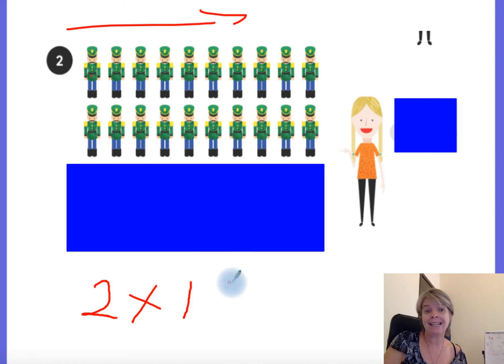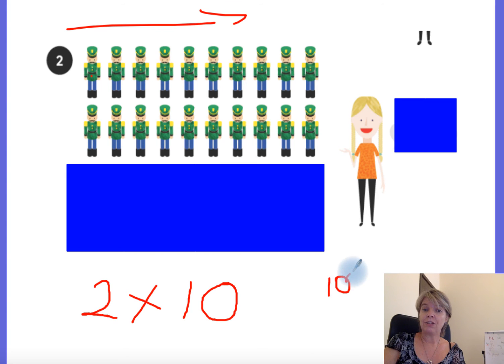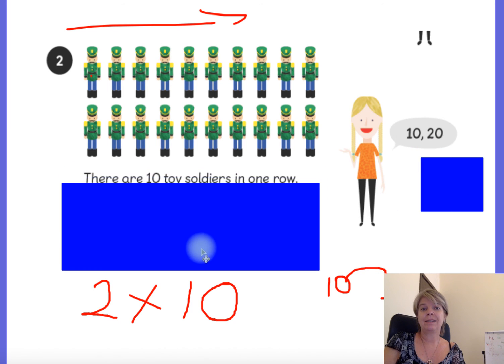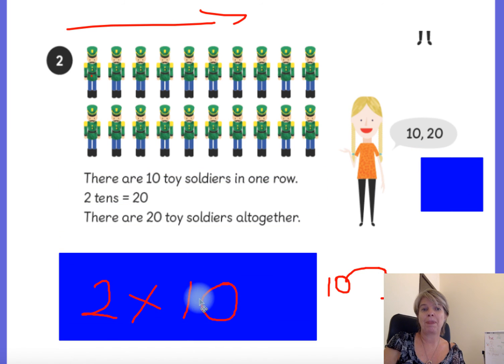There's 10 soldiers in each row. So we count 2 times 10. So we go 10, jump to 20. What's the answer? 20. There are 20 soldiers. 2 times 10 is 20. There are 20 altogether.